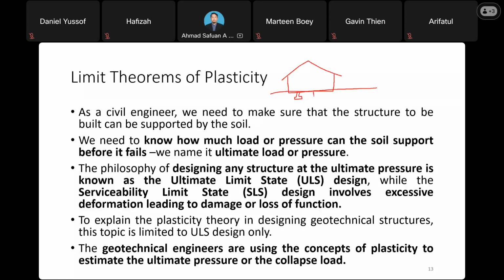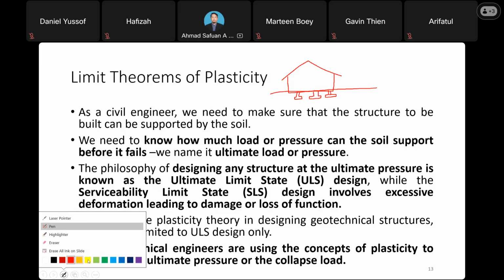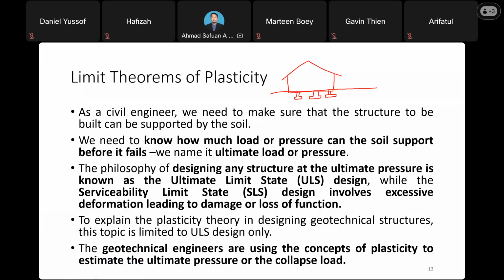For a single story building, with the use of shallow foundations. For example, the load from the roof will be transferred to the roof beam.